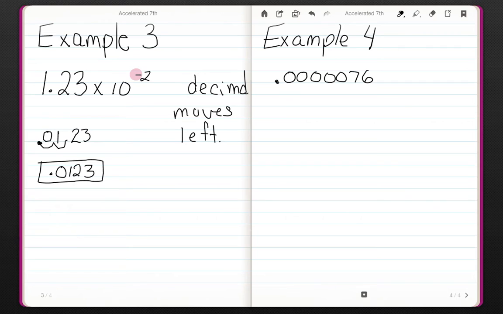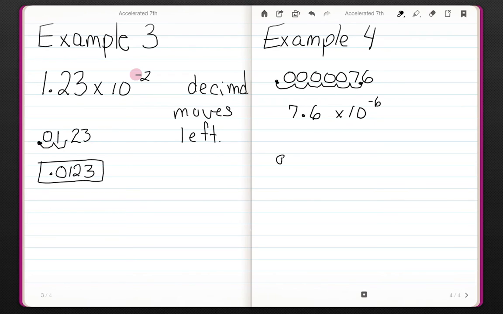So this time I'm going to move that decimal 1, 2, 3, 4, 5, 6 places. So my first factor becomes 7.6 times 10 to the negative 6th power, because I'm moving that decimal to the right. This is less than 1.